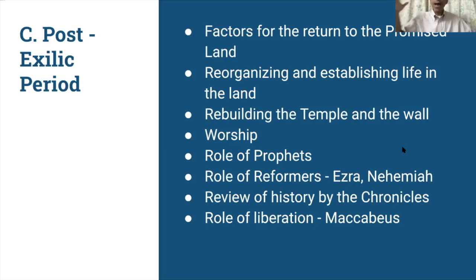They were like, what is happening to us? Why did we lose our temple and our nation, our worship, our everything was lost, our identity is lost, and what about the covenant? We thought we had a covenant with God and God would be faithful to us forever, and what happened?